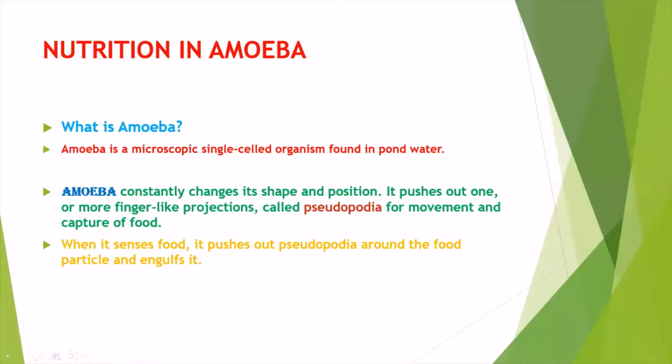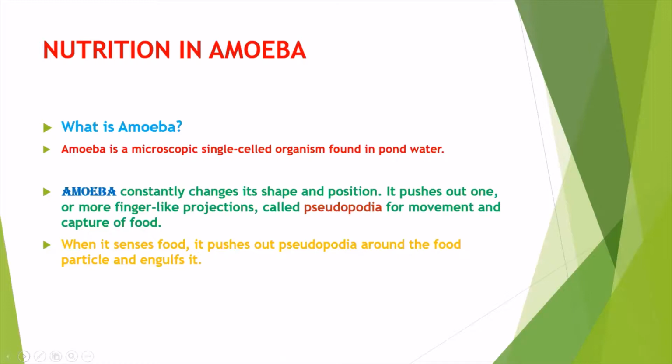So let's come to nutrition in amoeba. You might all be wondering, what is amoeba? Amoeba is a microscopic single-celled organism found in pond water. It's a kind of organism, and it's a microscopic single cell. It's so small that we can't see it with our naked eye.